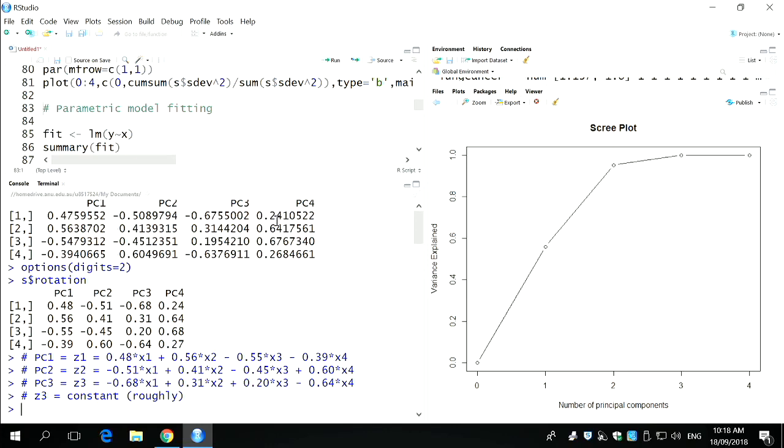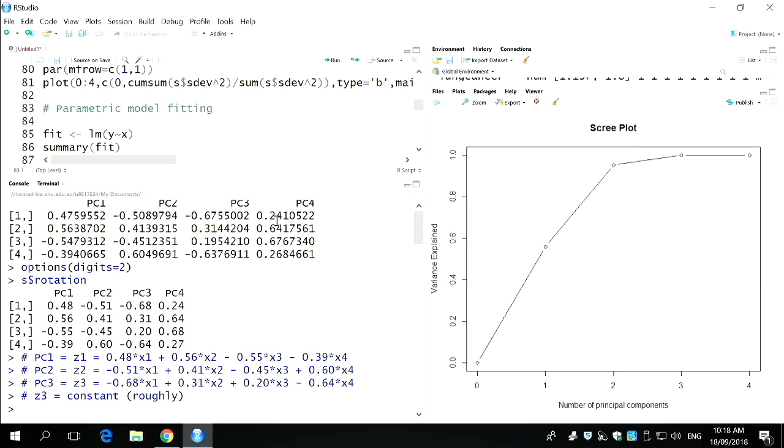Now, let's have a bit of a closer look at it. And I'm going to play a bit fast and loose here. You've got minus 0.6, say minus 0.7 x1 plus 0.3 x2 plus 0.2 x3 minus 0.6 x4. You notice that the coefficients of x1 and x4 are roughly the same. Coefficients of x2 and x3 are roughly the same.